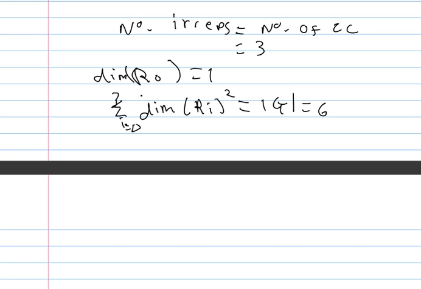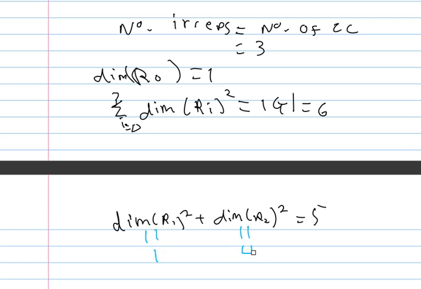We know that R0 has dimension 1, so we must have the dimension of R1 squared plus the dimension of R2 squared must equal 5, and then clearly if we define R1 to have the lowest dimension, that clearly has dimension 1, and that clearly has dimension 2.